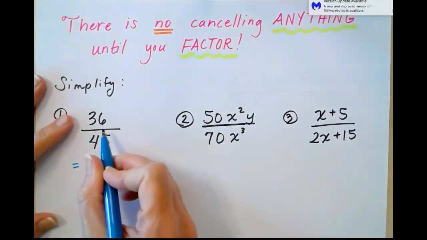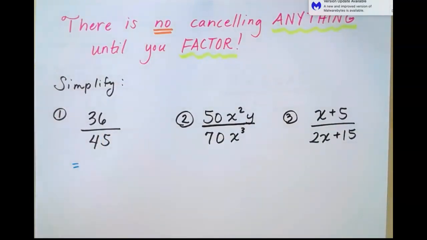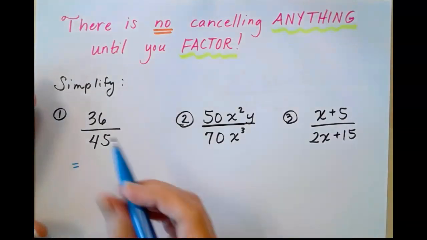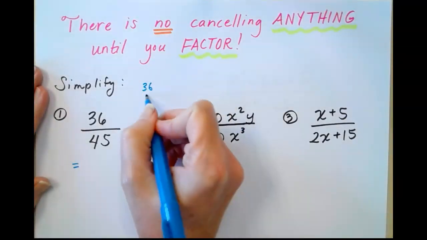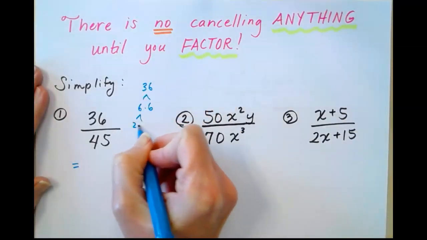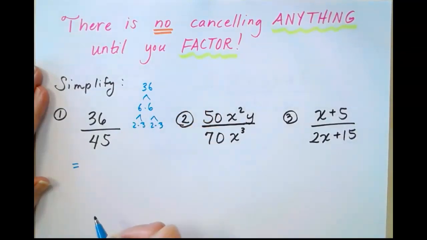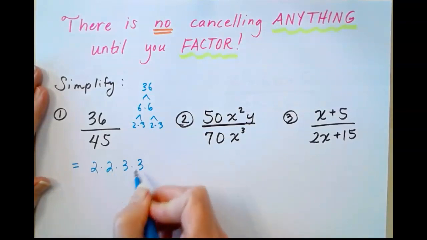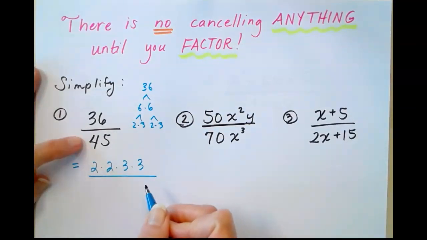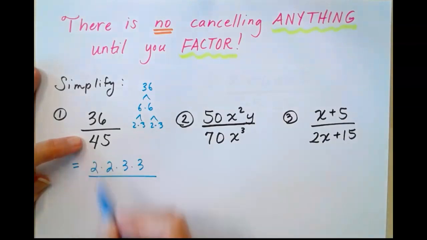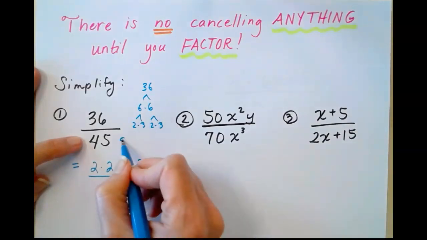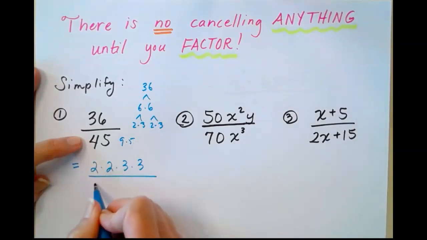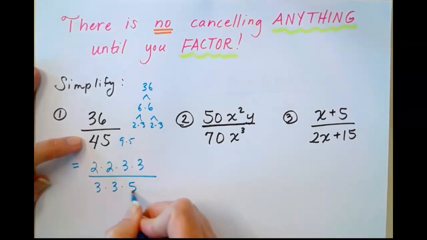If we factor 36, we could do a factor tree: 6 times 6, 2 times 3, 2 times 3, so it would be 2 times 2 times 3 times 3. Of course, I'm showing you an extreme example here because I want to get the point home. 45 is 9 times 5, so that would be 3 times 3 times 5.